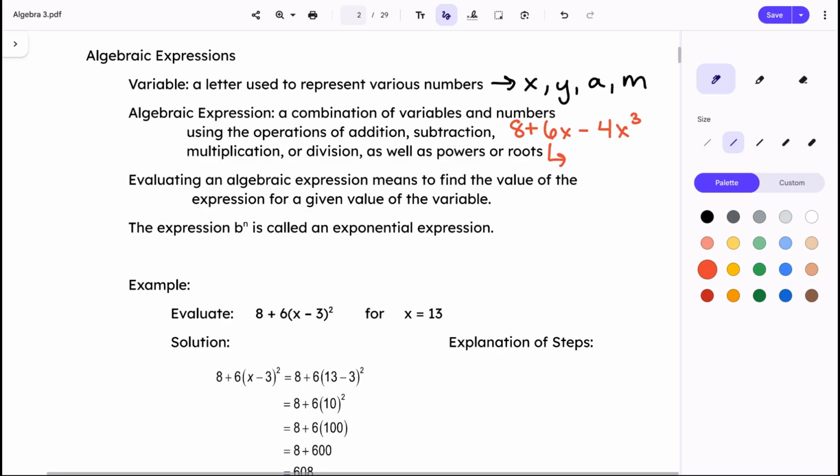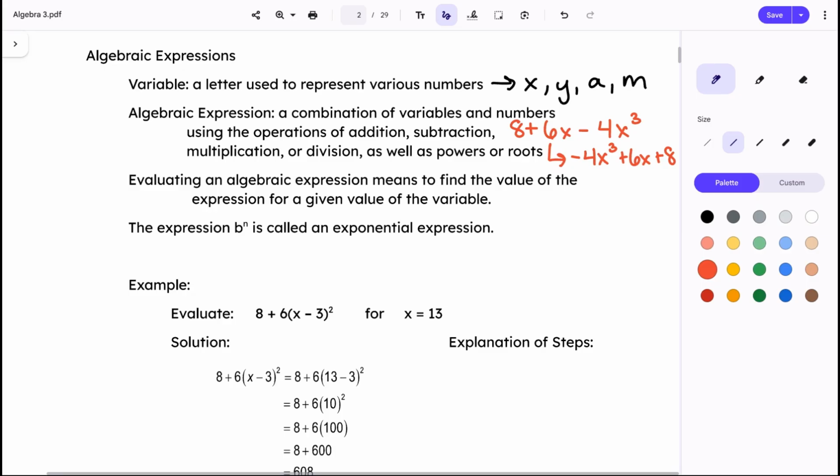Now, I see an x to the third. That's my biggest exponent, so you're going to want to start with that term first. But really watch your sign here, because it is a -4. So I would put -4x to the third first. And then what term would go next? 6x, and then 8. That's called descending form.